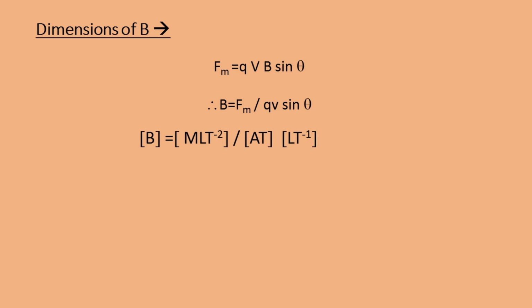And angle has no dimensions. By rearranging these dimensions, we get the dimension of magnetic field as M to the power 1, A to the power minus 1 and T to the power minus 2.